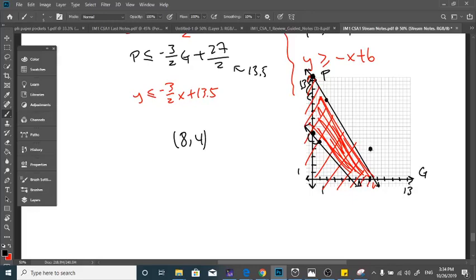Is this part of the solution? No. No, because it is not part of the overlapping region.